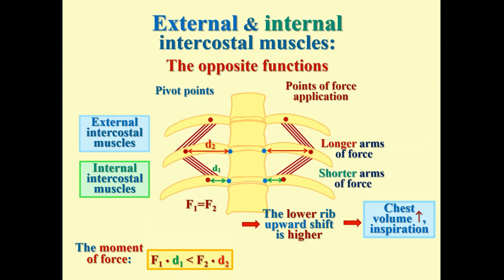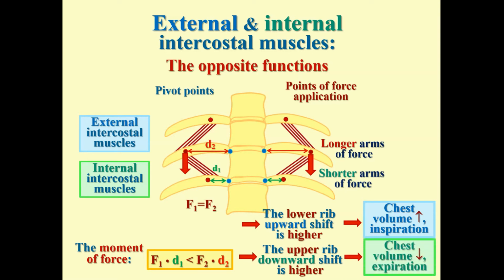D1 still is shorter, and D2 in red is longer. So here the upper rib has greater movement downward than the lower upward. So the upper rib downward shift is higher. So that is the predominant movement, and not only for this rib but all the ribs that contain these muscles, and they all contain them. So as a result, the total chest volume decreases and it contributes to expiration.